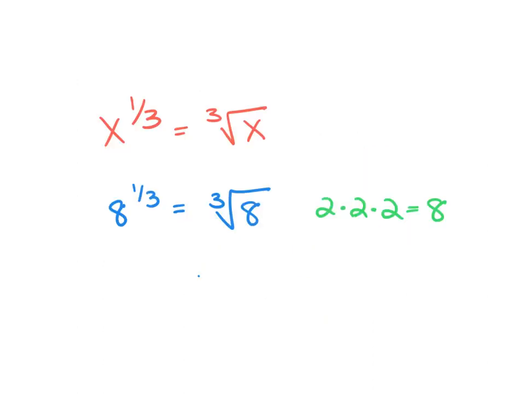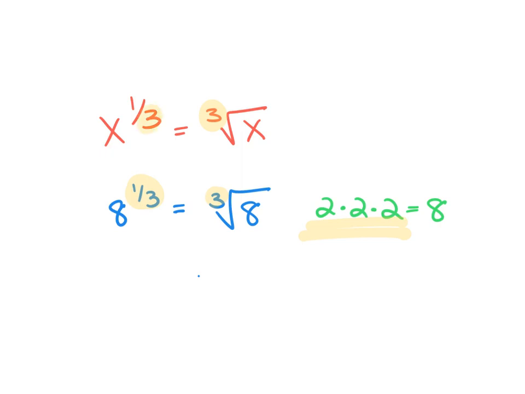So if we do that with other numbers, if we have x to the power of 1/3, that's the cube root. You do put that 3 there just to show that it's something other than 2. So 8 to the power of 1/3, or the cube root of 8, is equal to 2. Because there are 3 of these here, there are 3 2's here: 2 times 2 times 2 is 8.